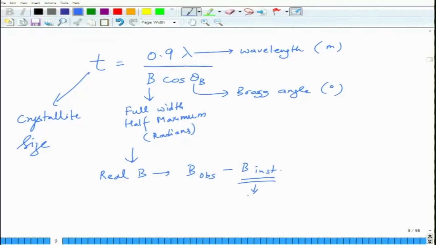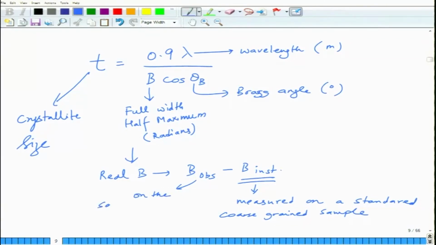So this is measured on a standard coarse grained sample, and this is on the sample that you want to analyze, okay.